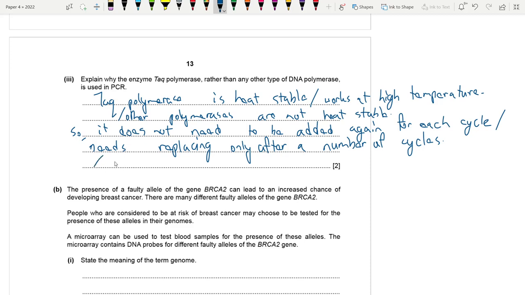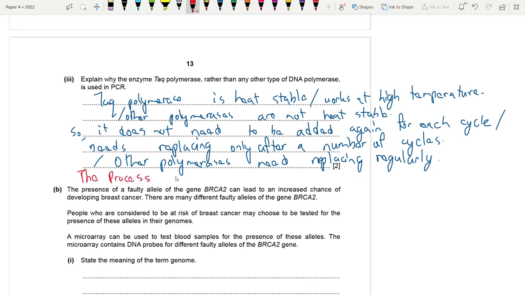Alright, the negative point exists. Other polymerases need replacing regularly. So we don't have this disadvantage for Taq polymerase. Now, what's the end result? The process is more efficient, right? Or faster than with DNA polymerase, right?